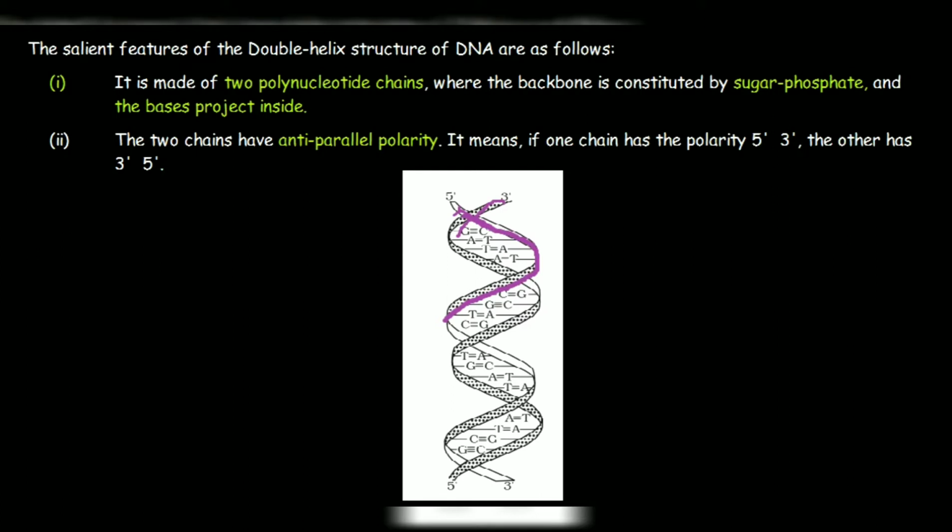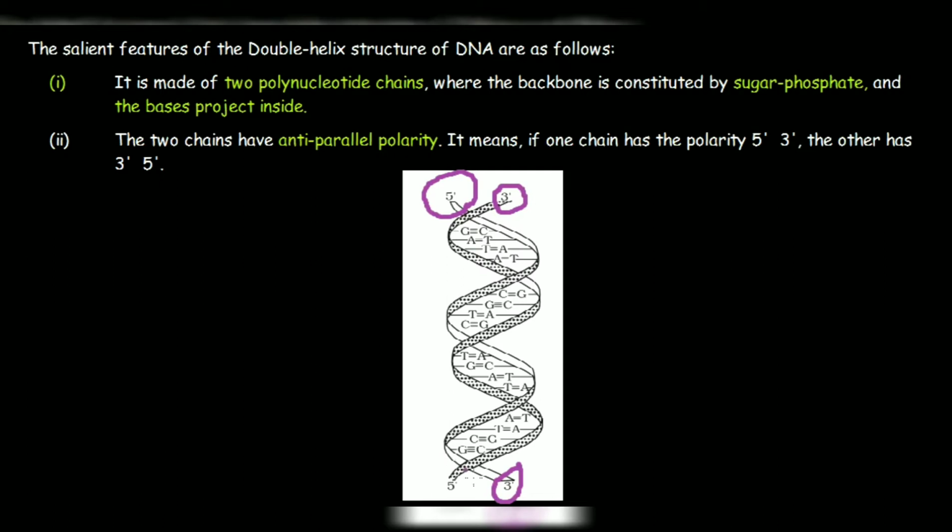Another point is that the two chains have antiparallel polarity. That is, if one chain has the polarity 5' to 3', the opposite strand will have the polarity 3' to 5'.